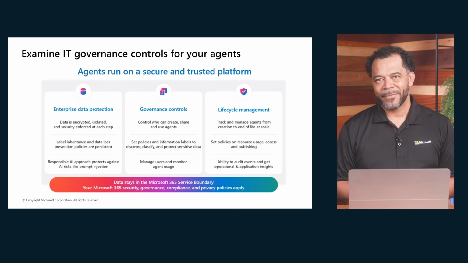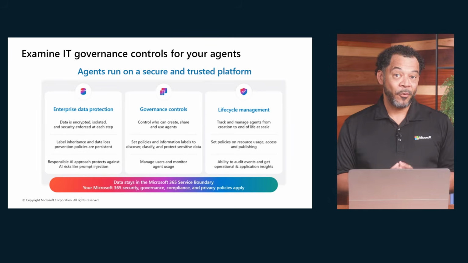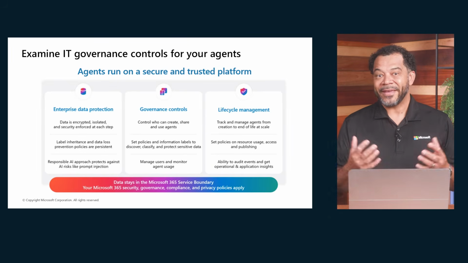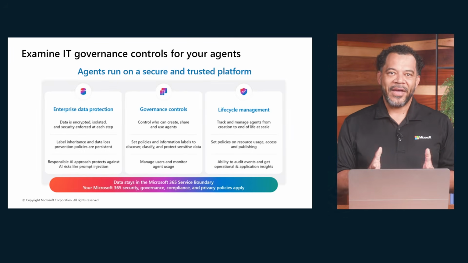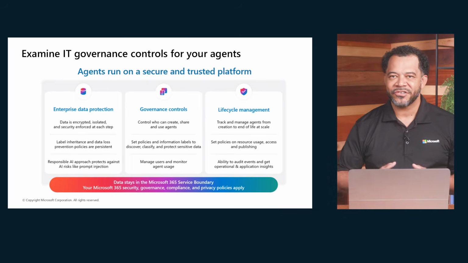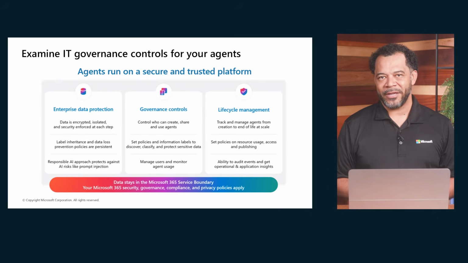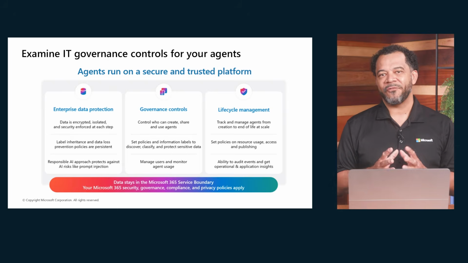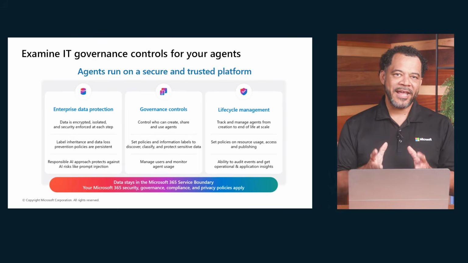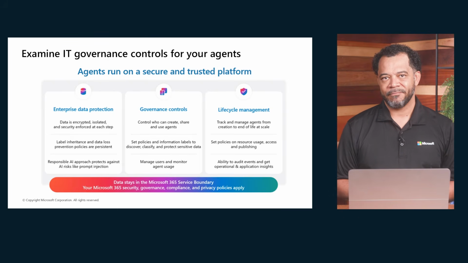Think about it this way. Agents are powerful, but without proper governance, they can introduce risks. That's why it's so important for organizations to establish clear policies around how agents are created, what data they can access, and how they're monitored. It's not just about preventing misuse, it's about enabling responsible innovation.